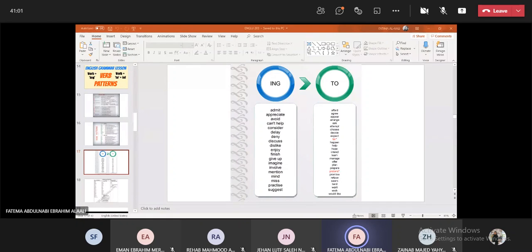So is there any question about verb patterns? Sindis and Iman, you have just joined the meeting. Can you see the PowerPoint presentation? And is there any questions about verb patterns, or shall I continue to the next rule?